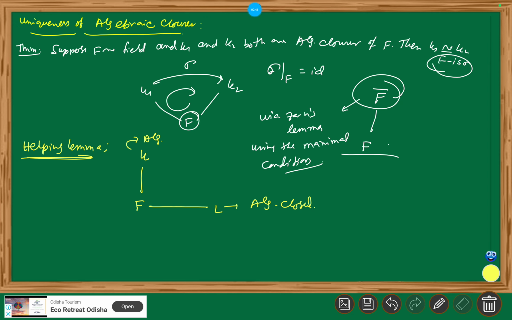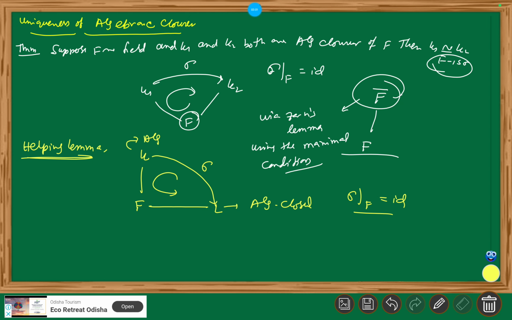Then there exists an isomorphism, or rather an embedding, from K to L, there is sigma, such that sigma restricted at F is identity. That means these diagrams should commute.